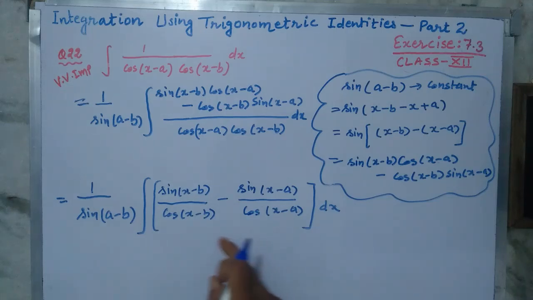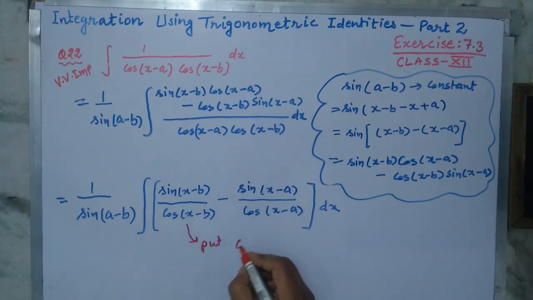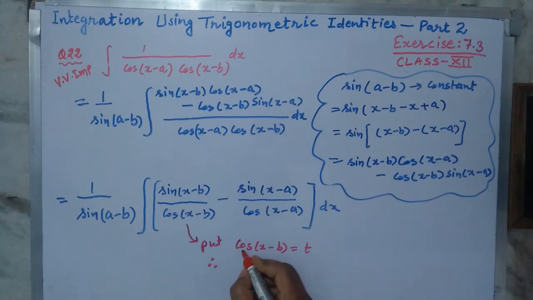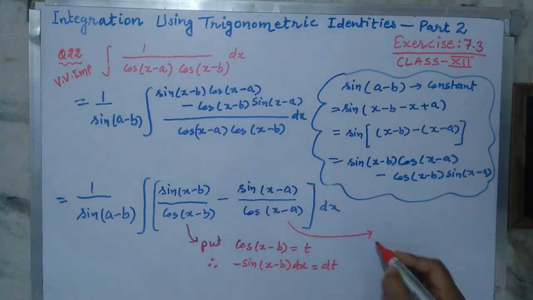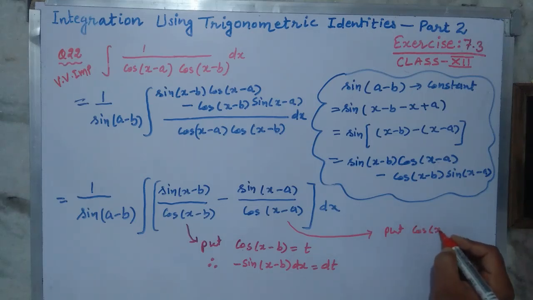So this way we see in the first case put the denominator cos(x minus b) equal to t. So the derivative is minus sin(x minus b) into dx is equal to dt. So here in the second integrand put cos(x minus a) equal to u.